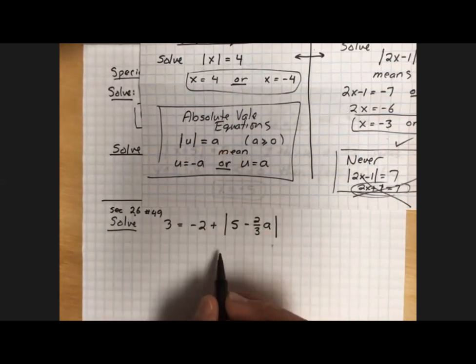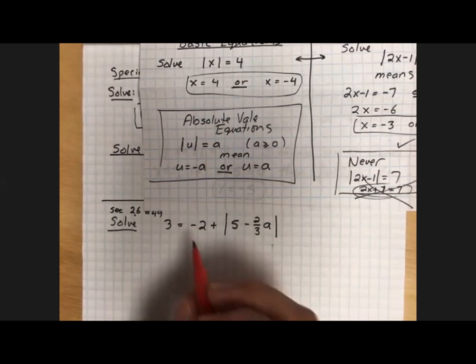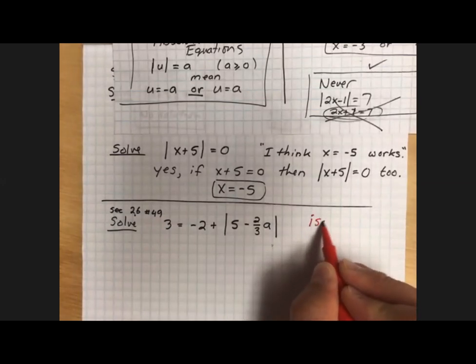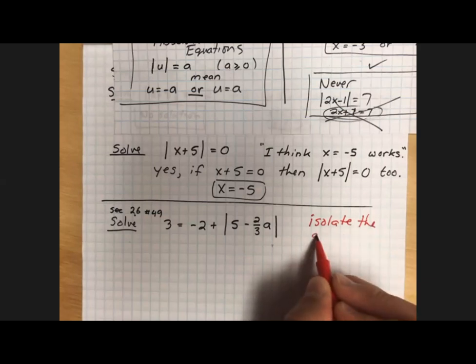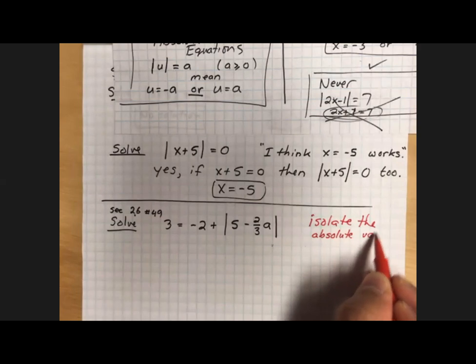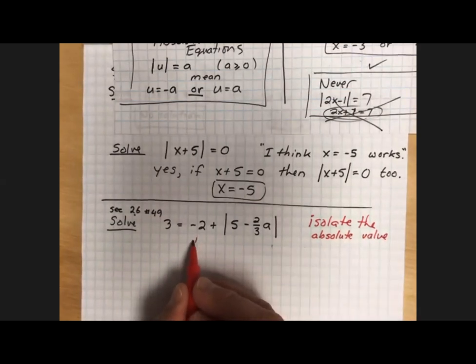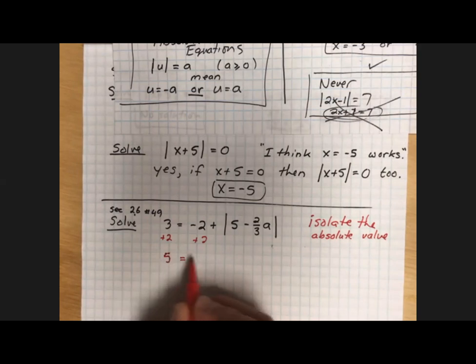Now, the prep here that I got to do is not crazy. It's not too difficult. But what I want to say is I have to isolate the absolute value. So I will add 2 to both sides. Now I have the absolute value of this thing is 5.